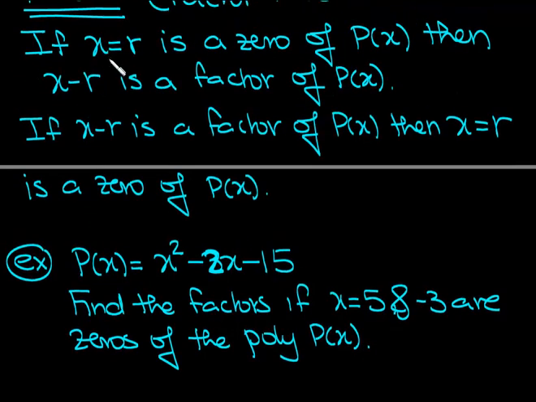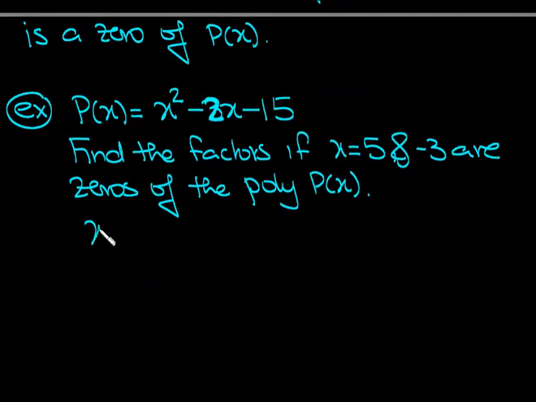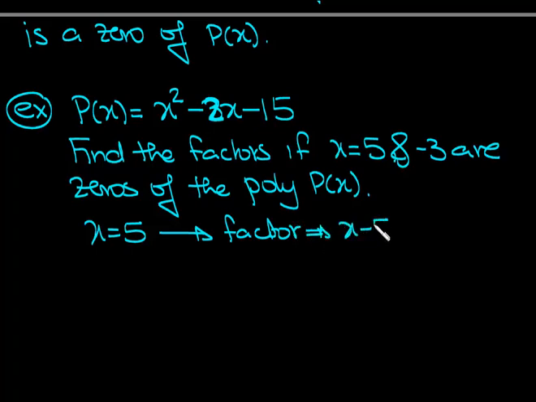Look at that. If this is my 0, okay, then the factors are what? All you do is take this r and move it to the other side. If it's a positive r, it'll become negative. If it's a negative r, it'll become positive. So if x is equal to 5 is a 0, then the factor must be x minus 5.